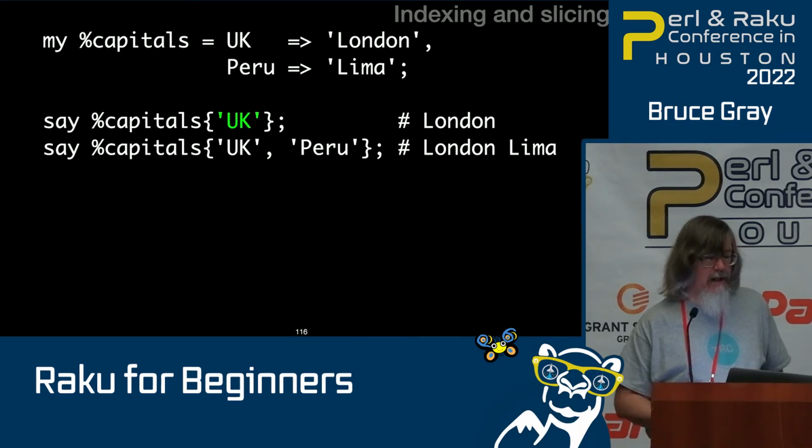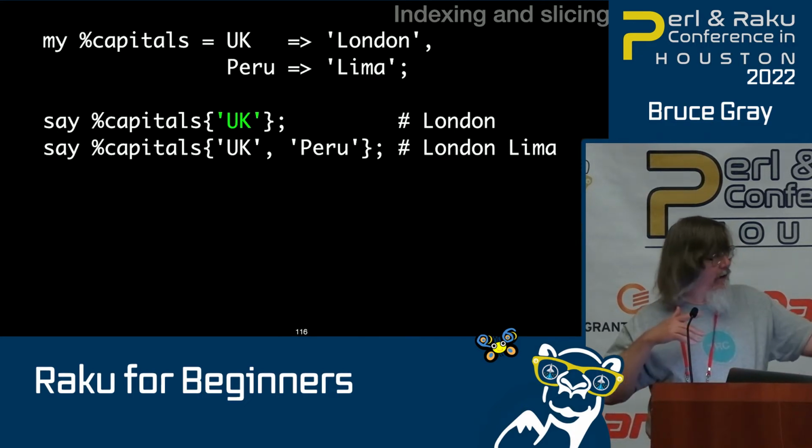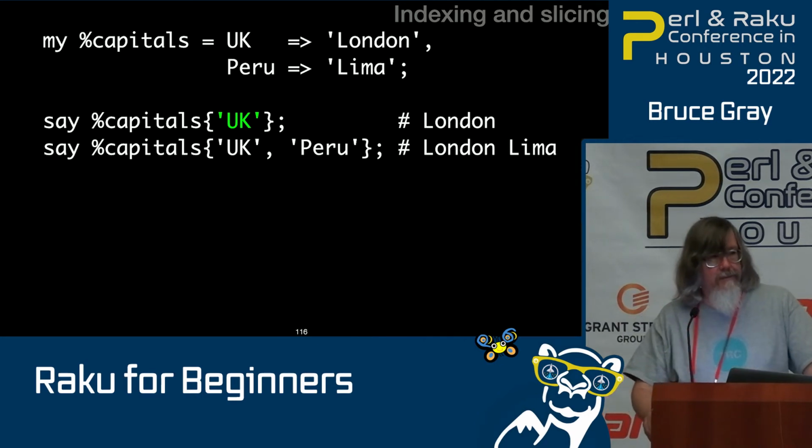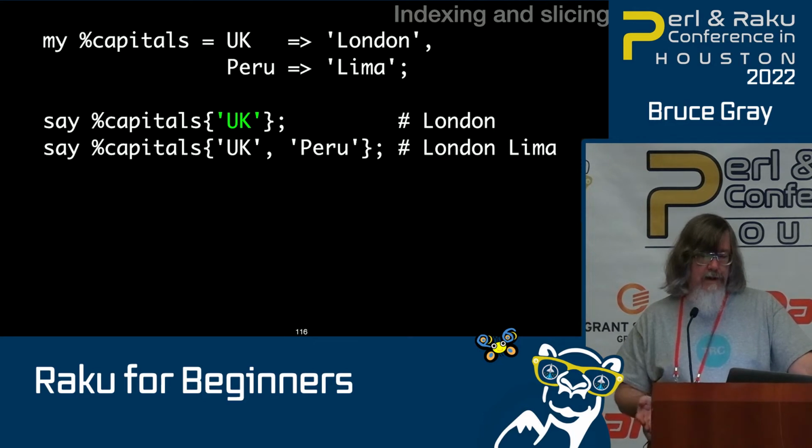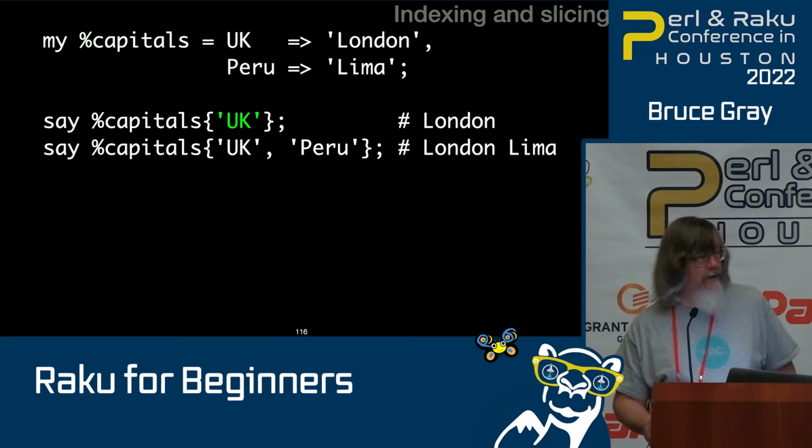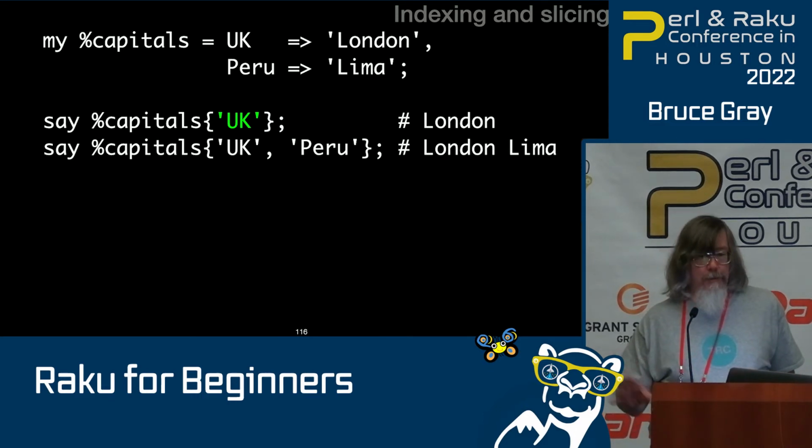The other difference is that the quotes around UK there are mandatory. In Perl, bare word rules allow you to drop the quotes if the key was a single word. But Raku doesn't have bare words. So the quotes are required, which would annoy every Perl 5 programmer.